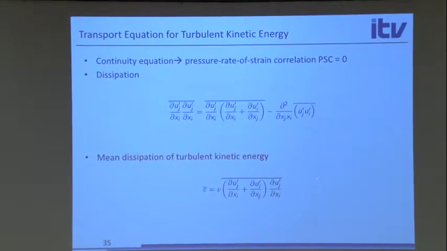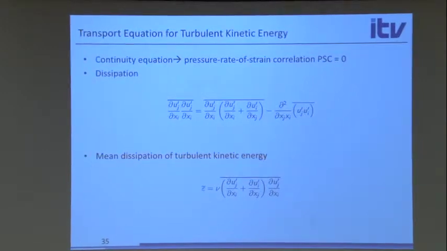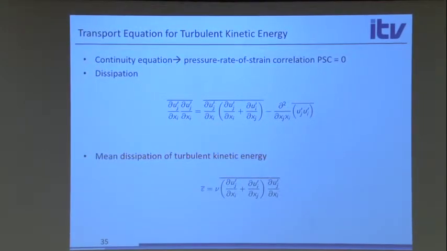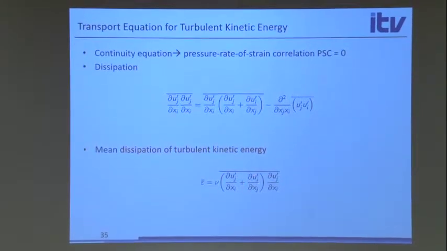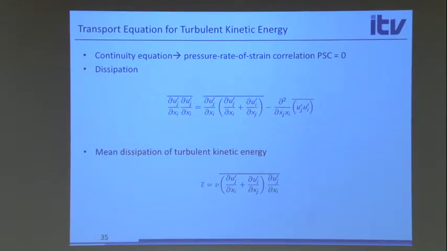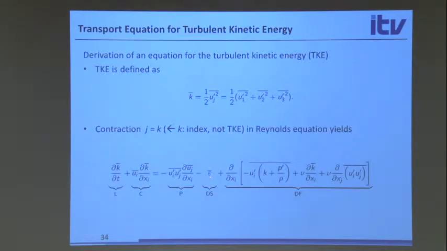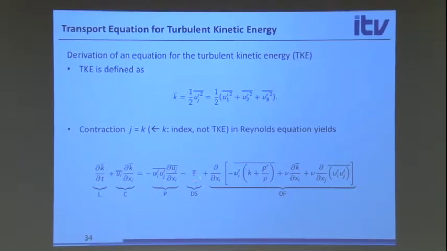And then for the second term, I just exchange all the indices, and then I can put these together, and I have (du_j/dx_i + du_i/dx_j) squared, okay? And because it is a square, it's always positive. Which means if this is always positive and epsilon has a minus sign, it must be destruction. Okay, so this is what we call the dissipation of kinetic energy.